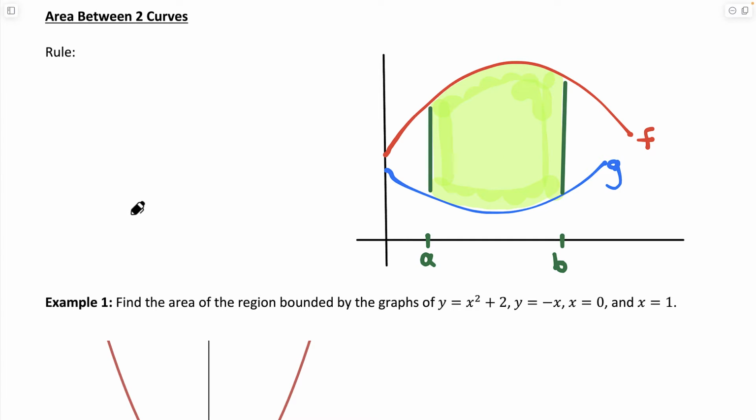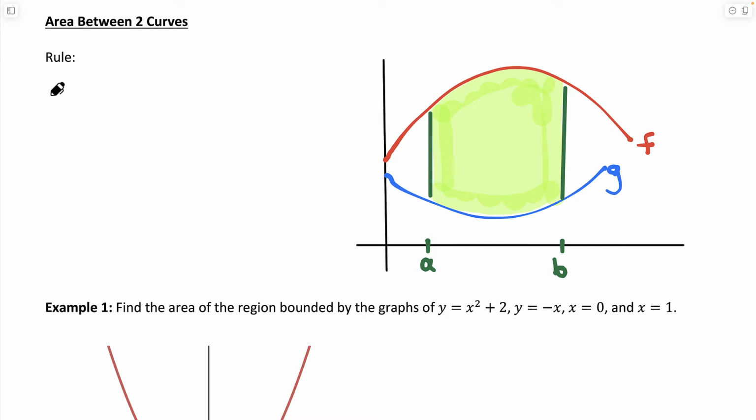Let me tell you the rule we could use to find that area, and then I'll explain to you why that rule works. So these functions f and g are continuous on the closed interval ab. And notice that f at x is greater than or equal to g at x for all x on that interval.